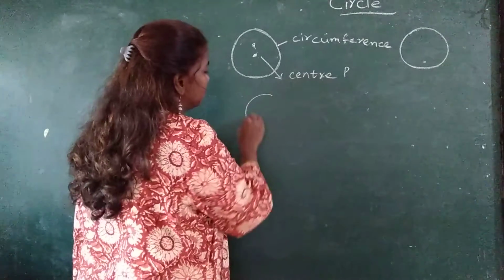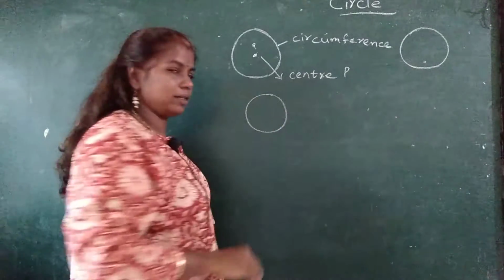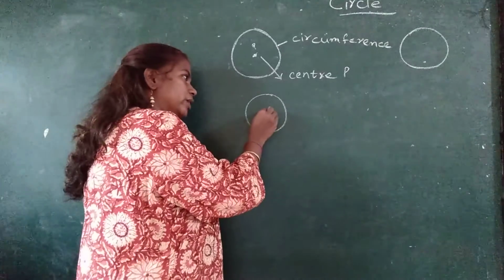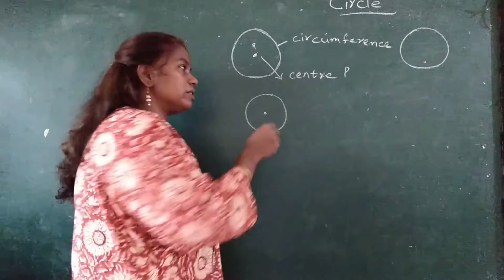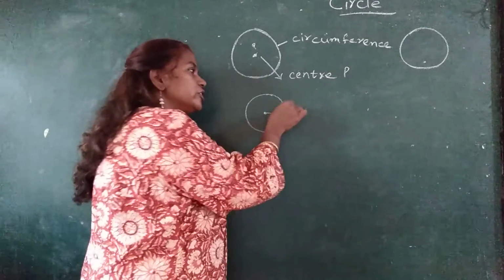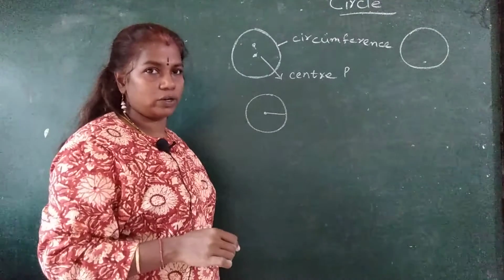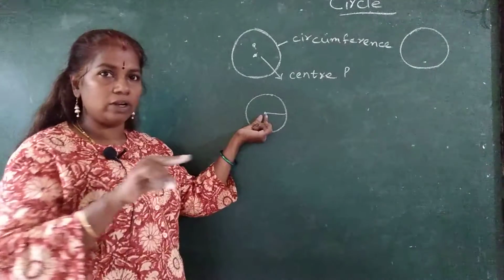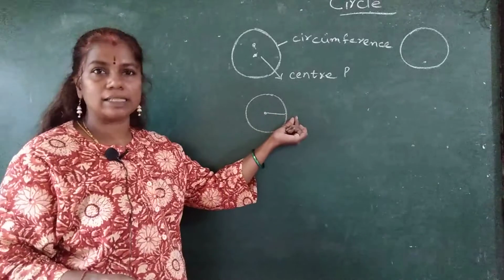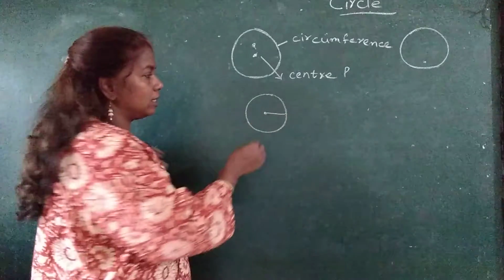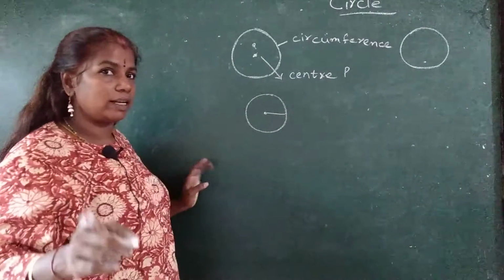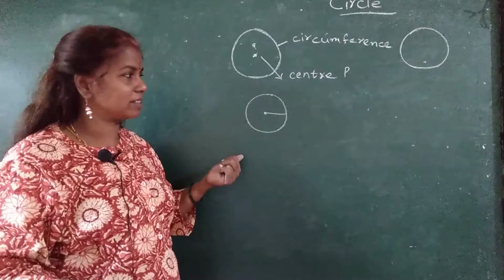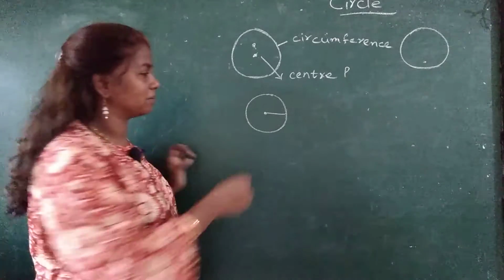Now, suppose I have made a circle. I have put a point in that. Now, from this point, I am going to touch the circumference. Got it? What I have done? I have drawn a circle. From the center point, I have drawn a line touching the circumference. What is this called? Before that, we have to name it. So what is the name?